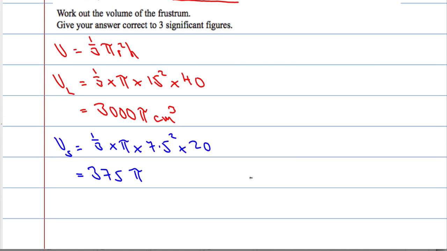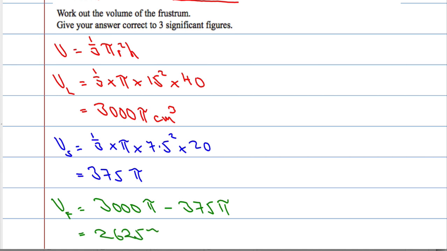So the volume of the frustrum will equal 3000 pi, take away 375 pi, which equals 2625 pi.